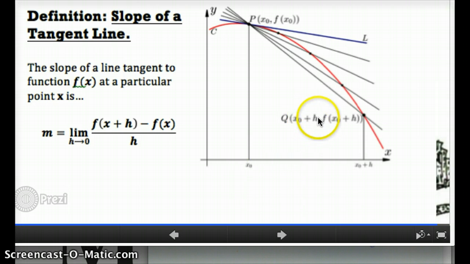So h in this situation represents the distance between the x value of the point we care about and the x value of the second point on the secant line.